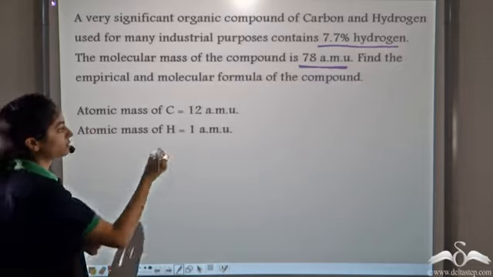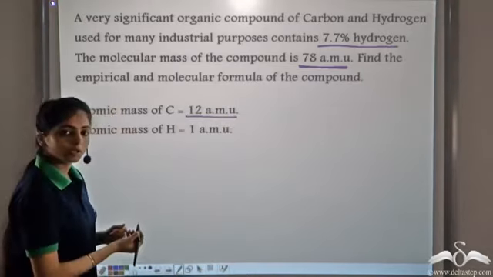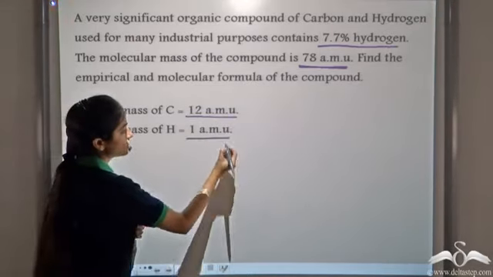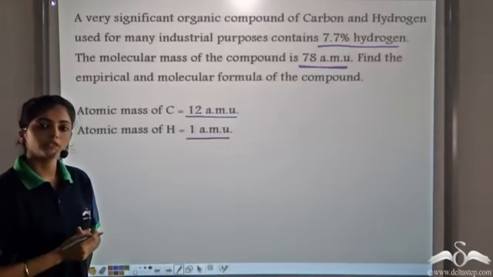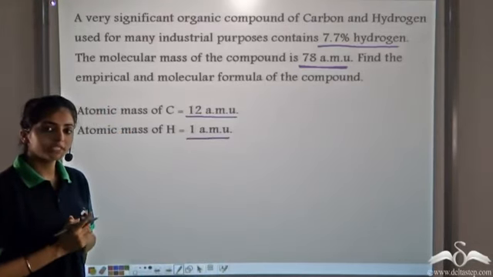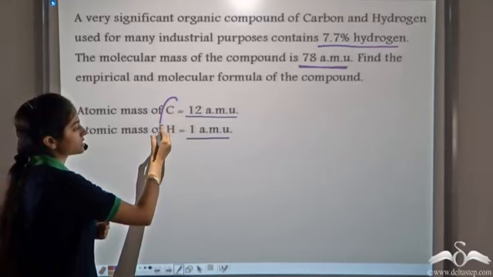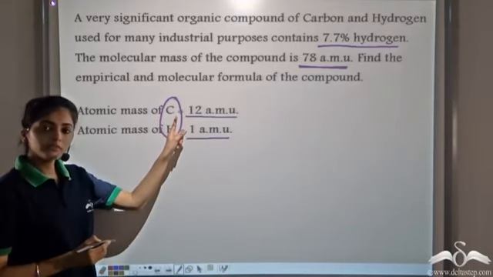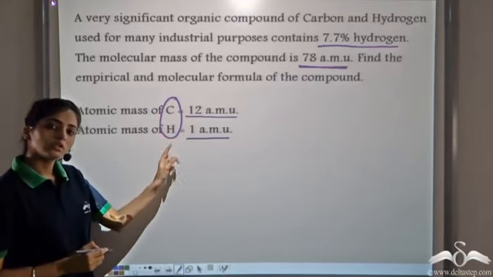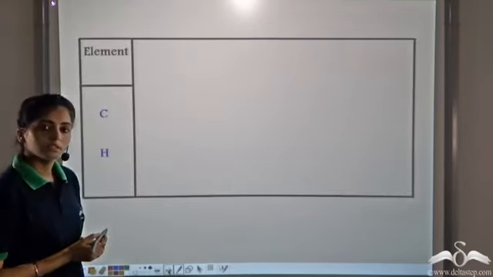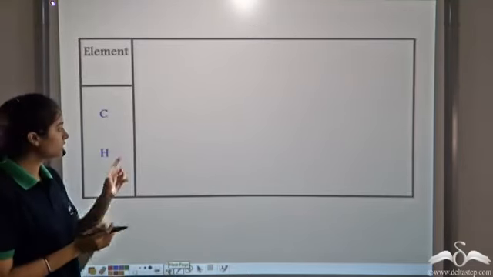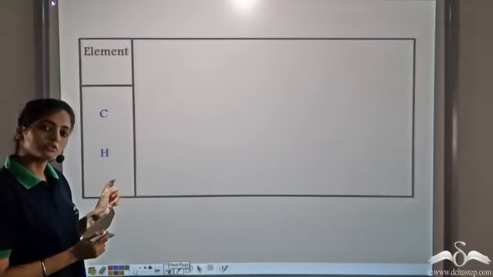It's given that the atomic mass of carbon is 12 atomic mass units and that of hydrogen is 1 atomic mass unit. So first of all, we see that there are 2 different elements in the compound, carbon and hydrogen.